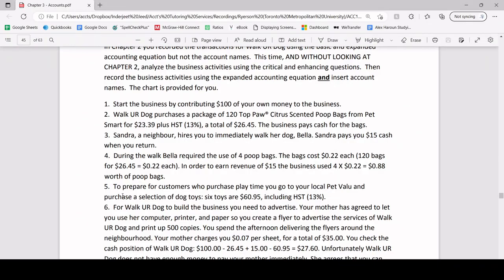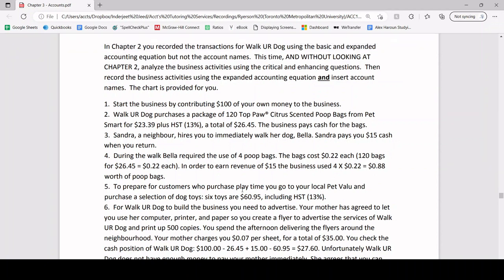Now transaction number 5, to prepare for customers who purchase playtime, you go to your local pet value and purchase a selection of dog toys. So we got 6 toys at $60.95, which includes HST. It's not plus HST, it's including HST. So we don't have to do any calculation.